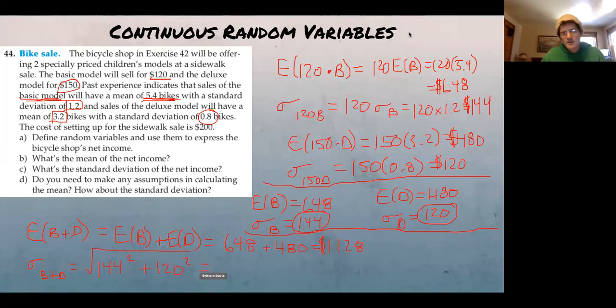So that's my calculation, and maybe you were doing that at home. You just didn't know how you wanted to say that out loud. But when I do this, it's 187.45. So $187.45.